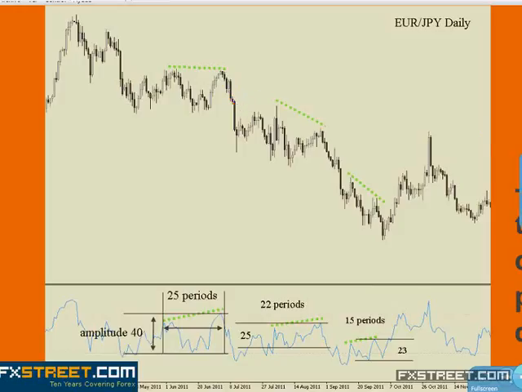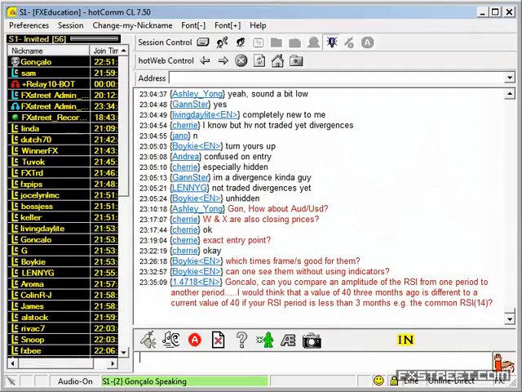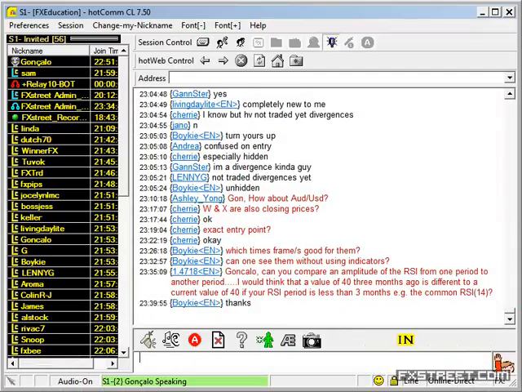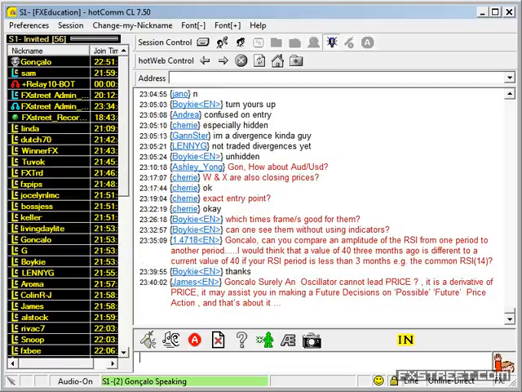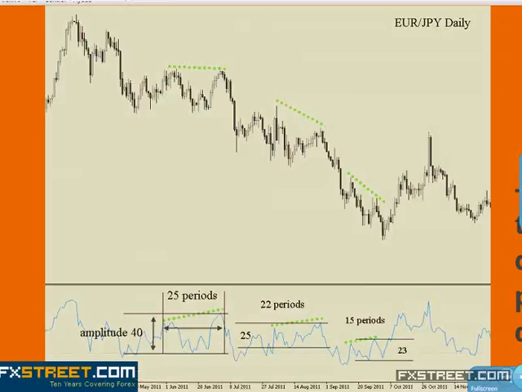There is another question. Can you compare an amplitude of the RSI from one period to another period? I would think that a value of 40 three months ago is different to a current value of 14 if your RSI period is less than three months. For example, common RSI 14.